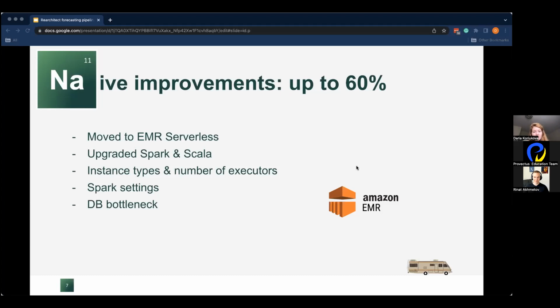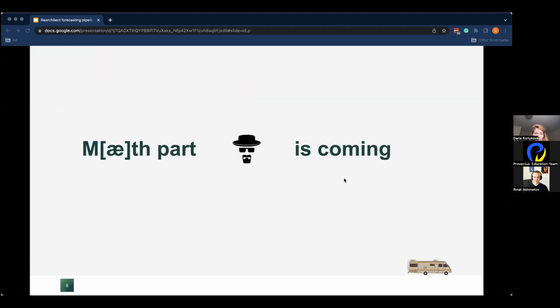That's not the point of my speech today. The idea is that these pure data engineering improvements still gave us a very good performance improvement of 60%, but we decided to move further, and that is where the math part comes in.